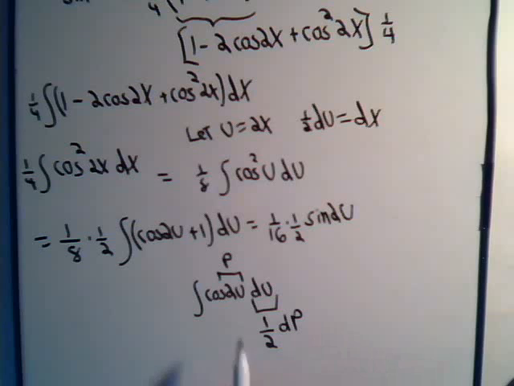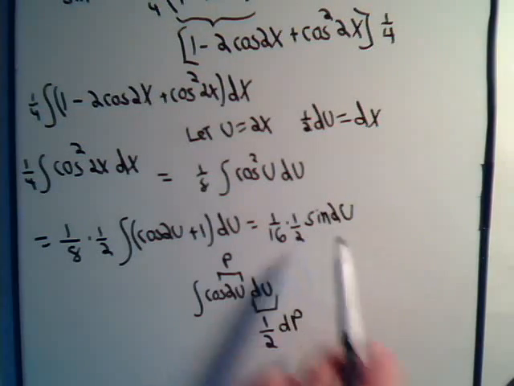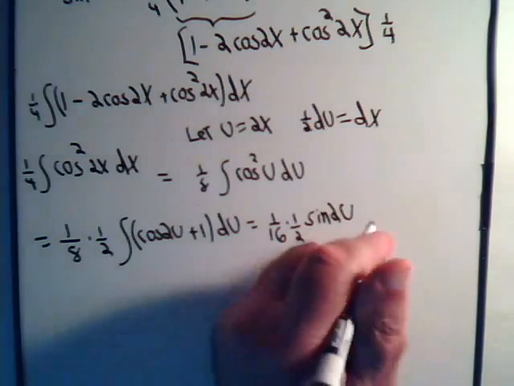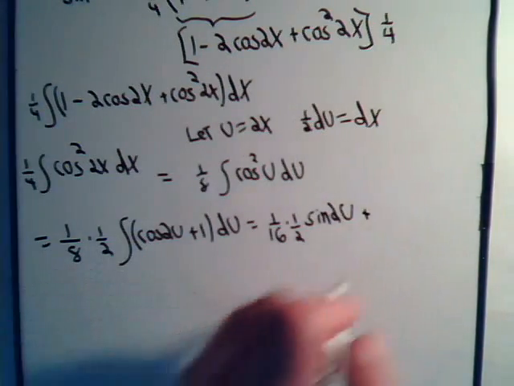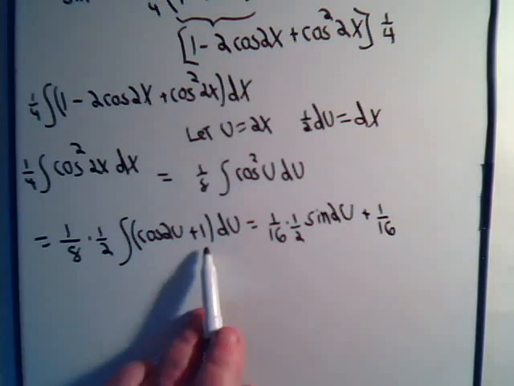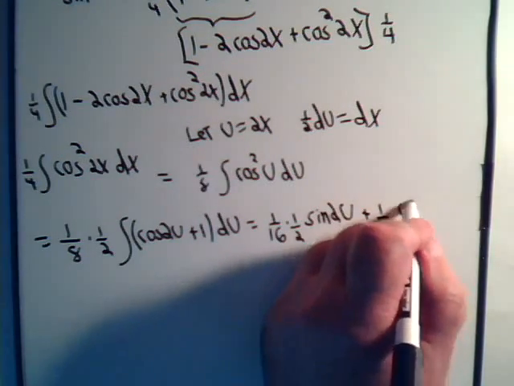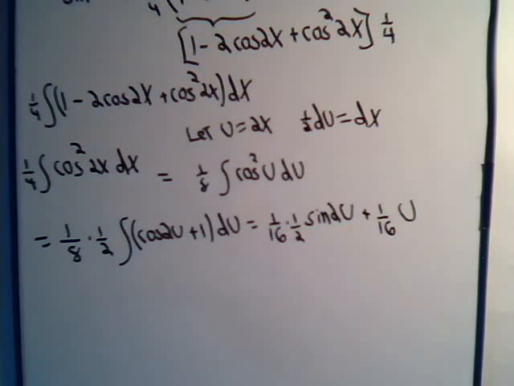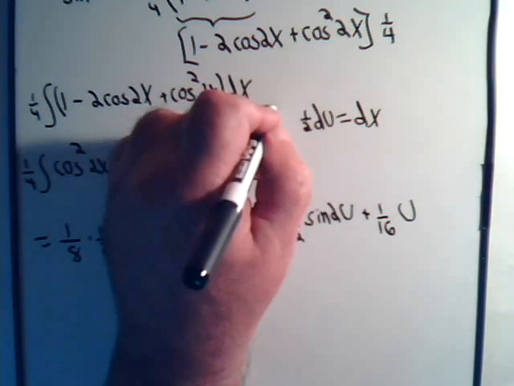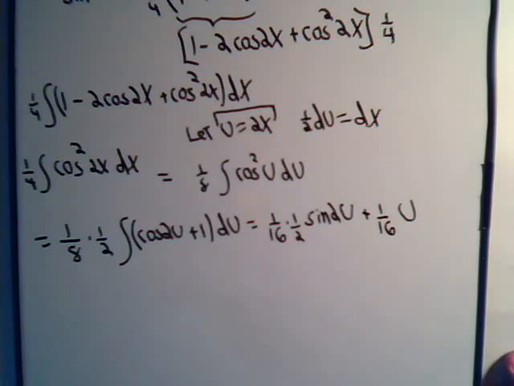So we're taking 1/2 the cosine of p, which would be the sine of p, which is 2u times 1/2, and that's what we have there. So that's okay. Then we have plus 1/16 the integral of this du, and that's u. And let's see, what is u? That was our substitution right there.